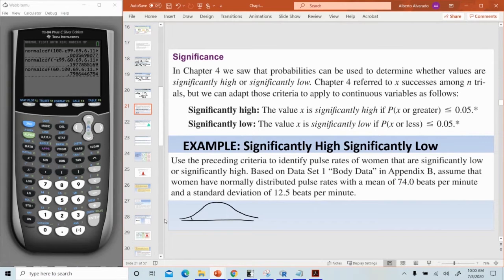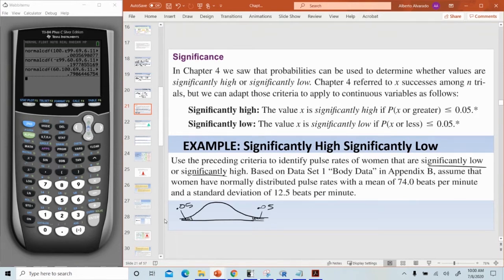So this is 0.05. I want not just the z-score, I want the x, right? But first I'm going to find the z-score. We'll find the z-score, and then that'll be the significantly low cutoff, and then this side will be the significantly high cutoff. So that's what this question's asking. Find the cutoffs for significantly low and significantly high.